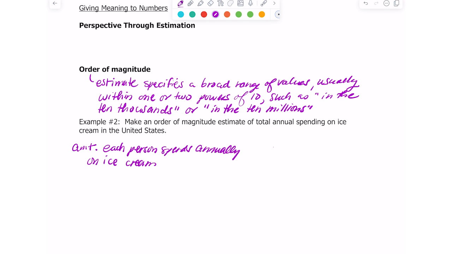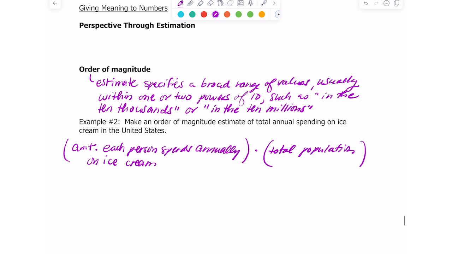And I also need to know the total population. And then once I have that, I would just multiply the two together, right? Because I would know how much each person spends and then times the number of people in the United States.